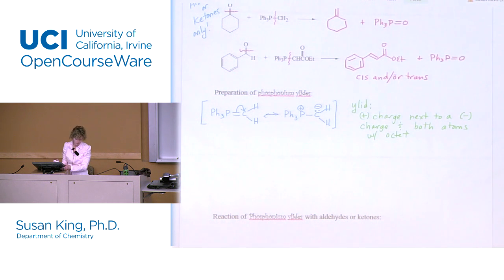So to prepare this particular phosphonium ylide, you take triphenylphosphine plus an alkyl halide. In this case, it would be methyl bromide.